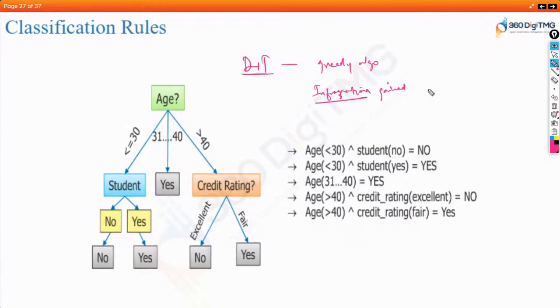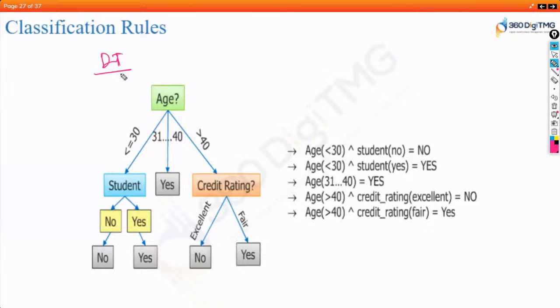Calculation to decide on the most homogeneous partitions. I have to split the data to create the most homogeneous partitions. Yeah, so that's the classification rules based concept of decision tree.